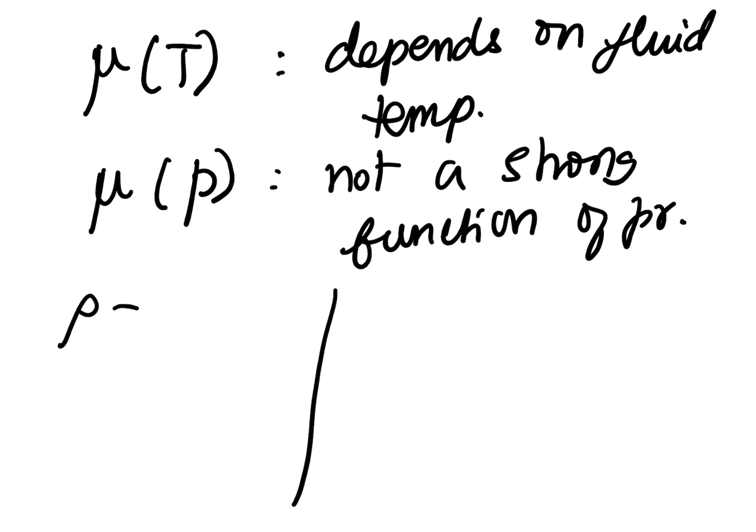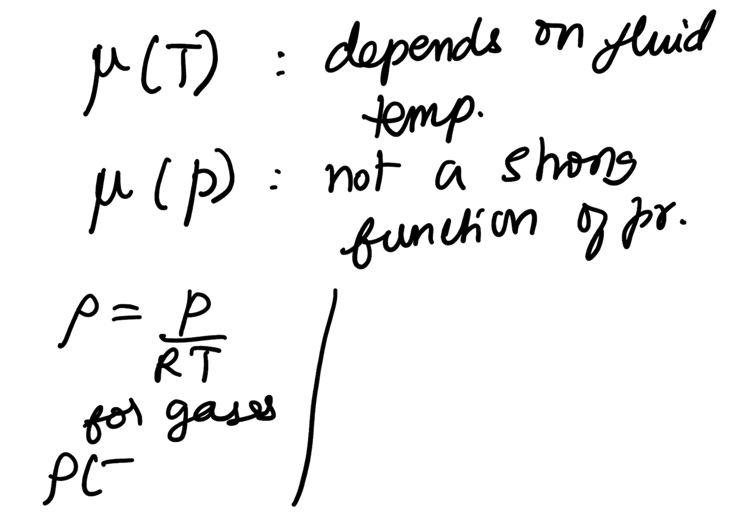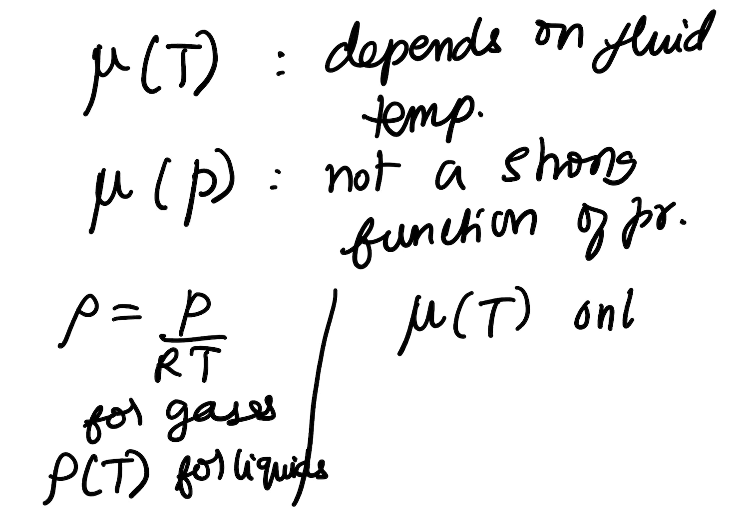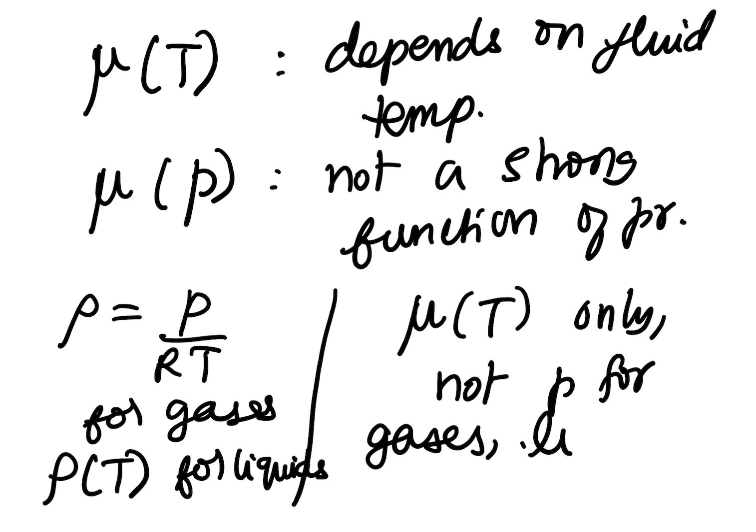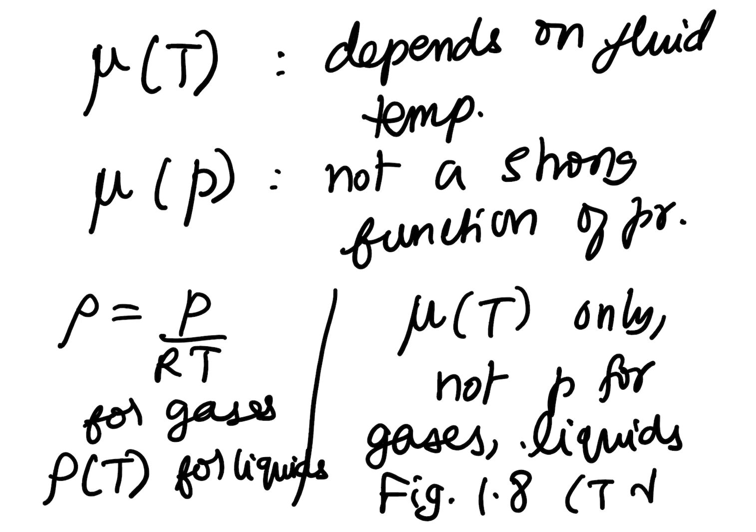Recall, rho is P over RT for gases. Okay, rho is a function of T for liquids. Viscosity is a function of T only, not P, for both gases and liquids. And that's what is shown in figure 1.8, the temperature dependence.